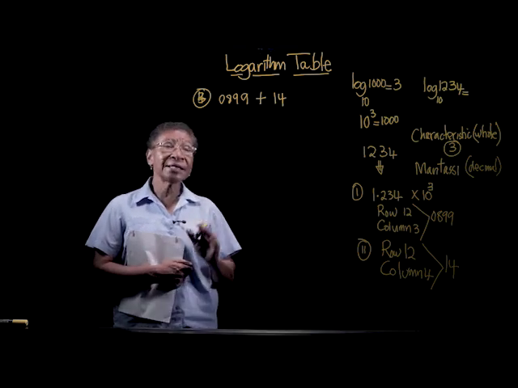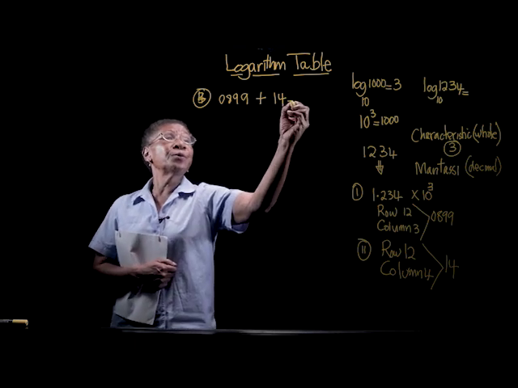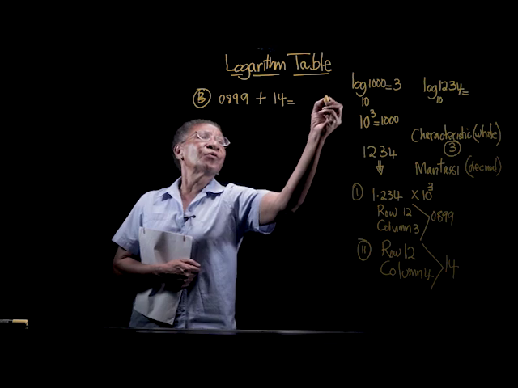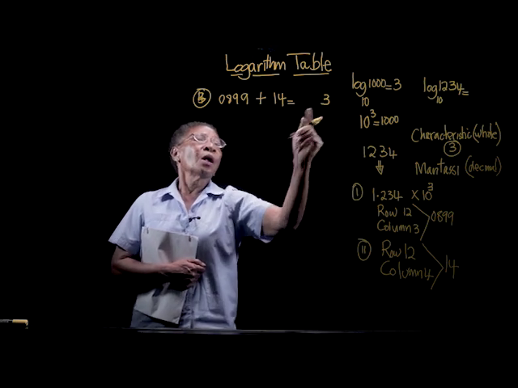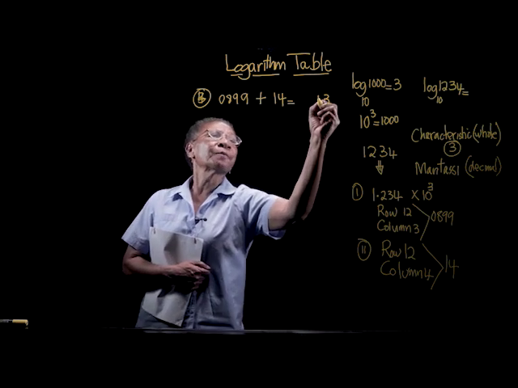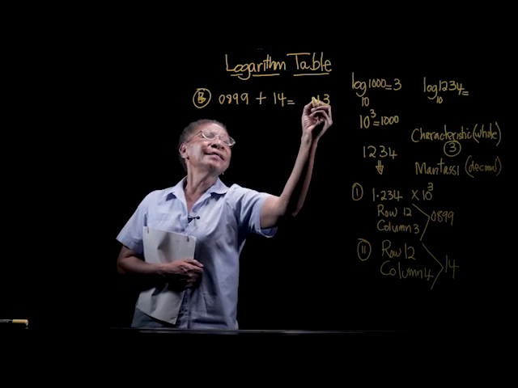This I had not inserted any decimal numbers. So that would give me 9 plus 4 gives me 3. 1 plus 9 is 10, plus 1 is 11. 1 plus 8 would give me 9.